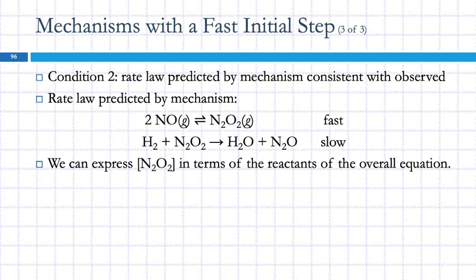We can write a rate law for a slow elementary step. So that would be, get your pen out, rate equals rate constant times the concentration of H2 times the concentration of N2O2.